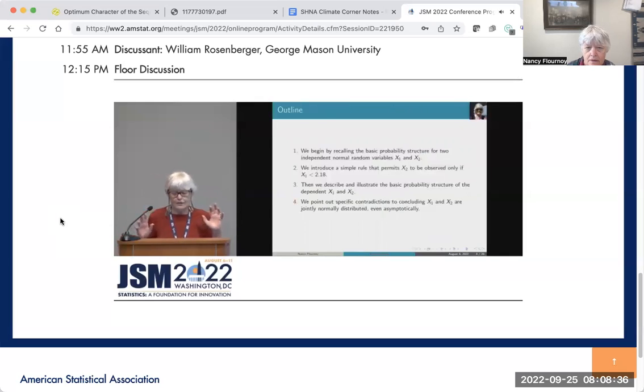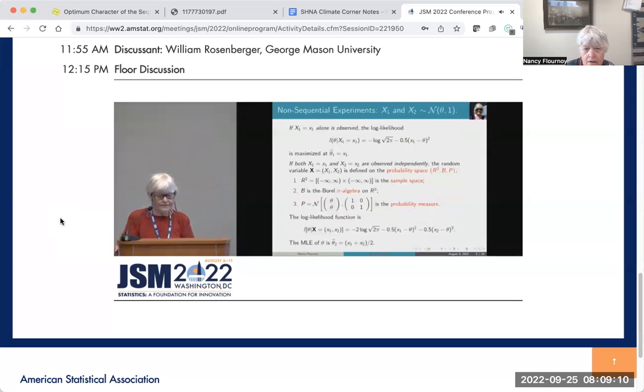So I'm going to start from just as simple a construct as we can manage. We have two independent random variables, X1 and X2. We'll say you're only going to look at X2 if X1 is less than 2.18, and we'll look at the probability structure that results from this decision and its consequences.